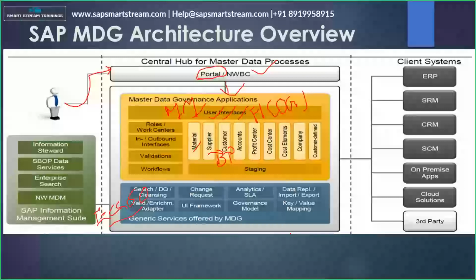So from ECC 6.0 onwards, what additional modules are available? Some modules were added. Before 6.0, in the below versions, there is no solution related to material or finance, and the standard business objects are not available.